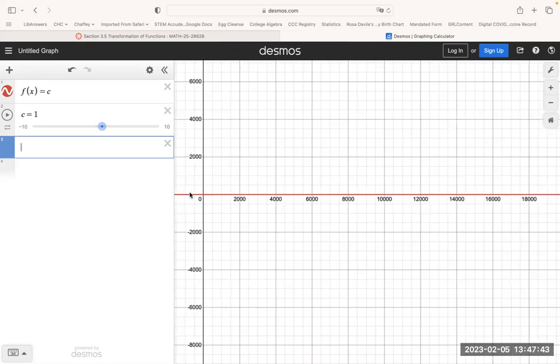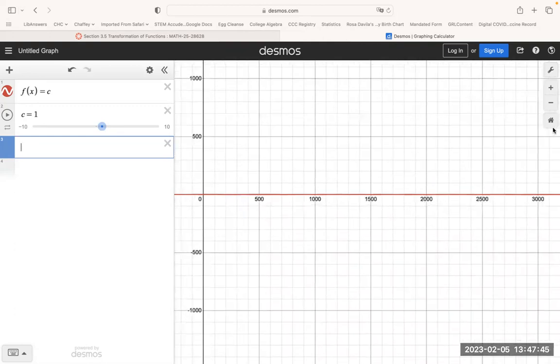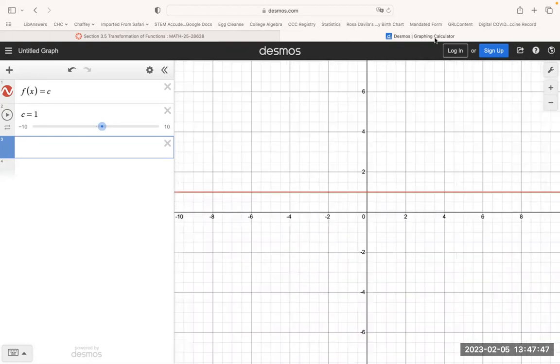But no matter how far out we zoom, and clicking on this button brings us back to our little home area, we're going forever to negative infinity on the left side and positive infinity on the right side, which is what we have for the domain, which I have posted on Canvas. So that's our domain. Our range in this case is just going to be c. There's only one value for this, and it's c.